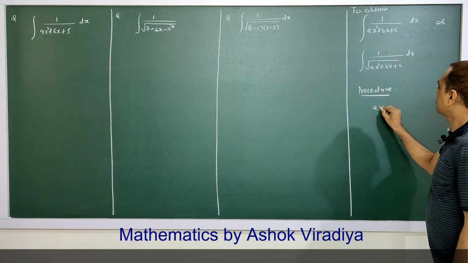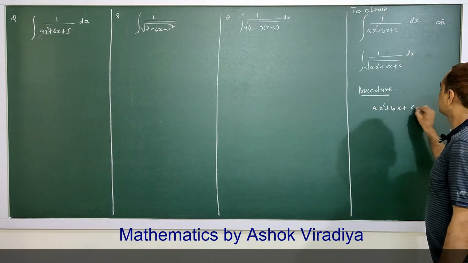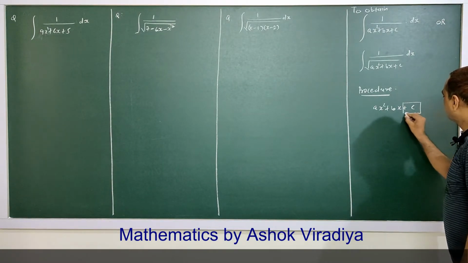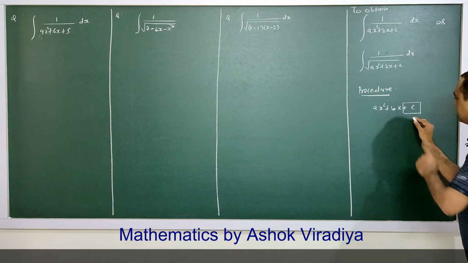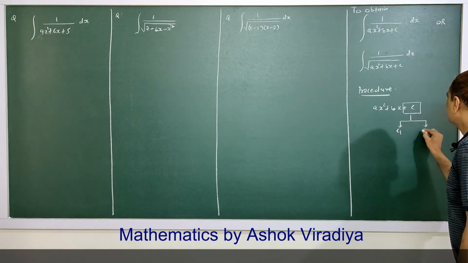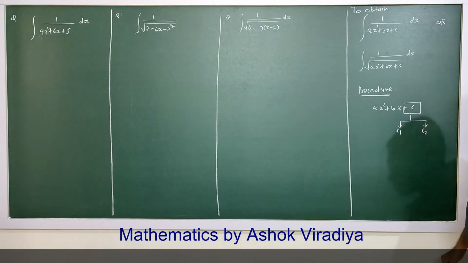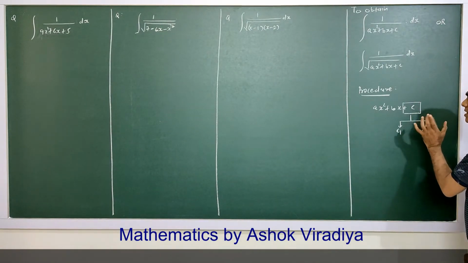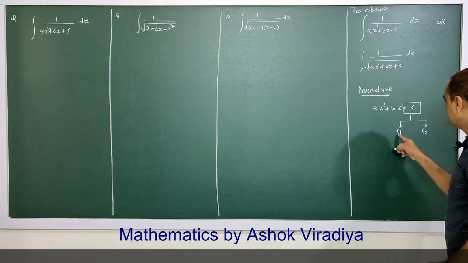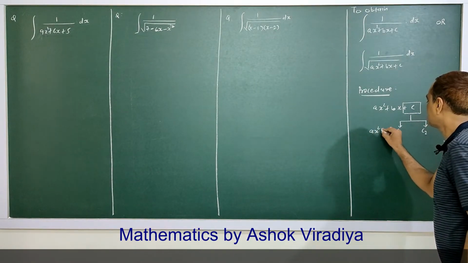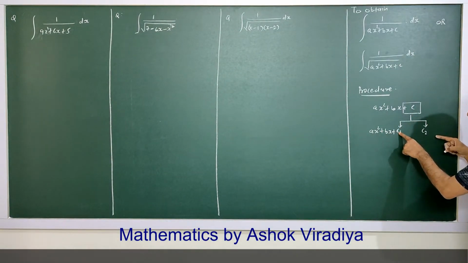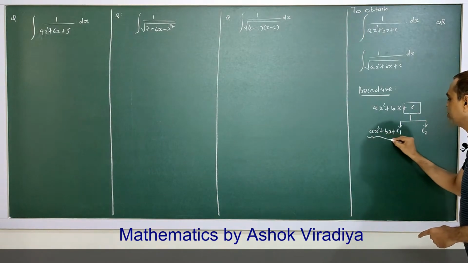in ax square plus bx plus c, we will split up this constant c in two parts, c1 and c2, such that this part becomes the last term of a perfect square polynomial.